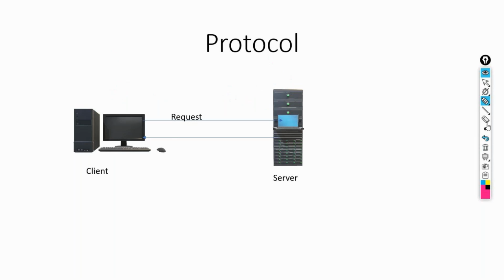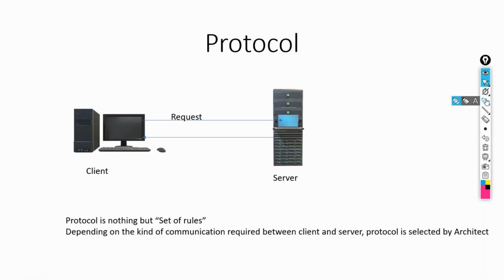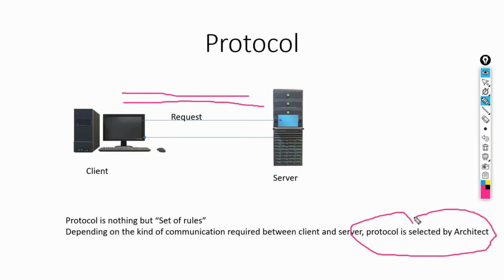In general, protocol is nothing but a set of rules. If you go by the dictionary definition, it is a set of rules. What kind of data is being sent from client to server? What kind of communication is happening here? Based on that, the project architect will select the protocol. For example, if the request is for a web application, you might have a protocol called HTTP or HTTPS.